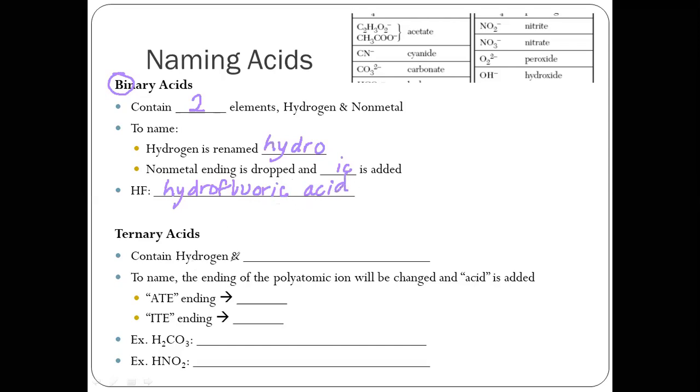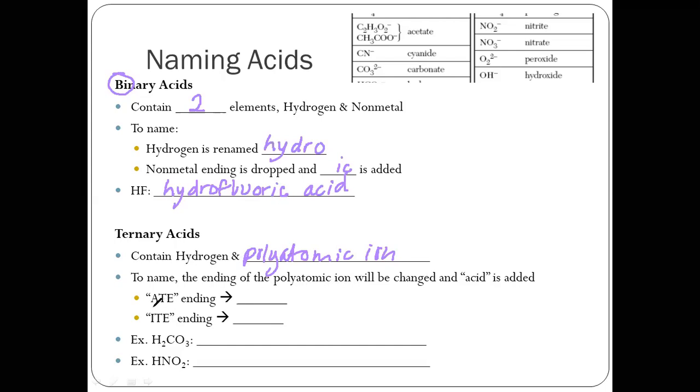Ternary acids contain hydrogen plus a polyatomic ion. So in your packet, there's the table E with the selected polyatomic ions. So to name those kind of acids, so something that has more than 2 elements, you are only going to look at the ending of a polyatomic ion to decide how to name it.